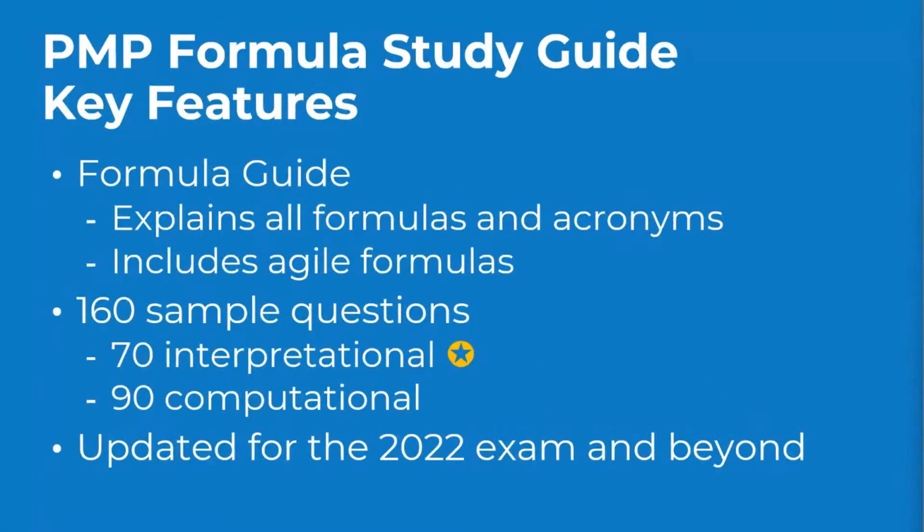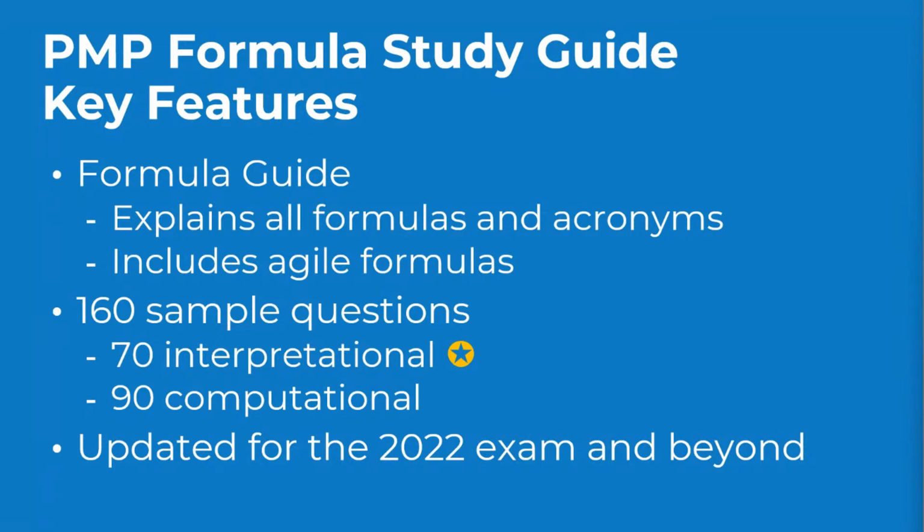No matter if you're using the PMBOK Guide 6, 7, 8, 9, or 10, a formula is a formula. Interpretation of a result remains the same, no matter which PMBOK Guide you are using. So yes, we promote this for 2022, but this is still valid in 2023, 2024, 2025, and beyond.